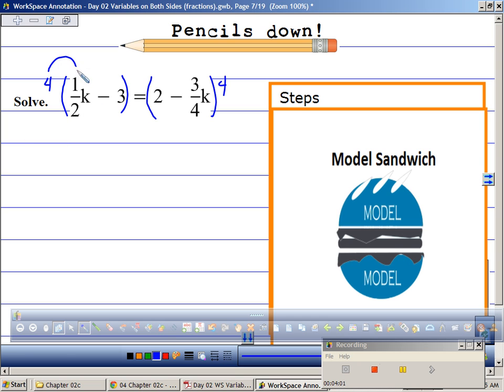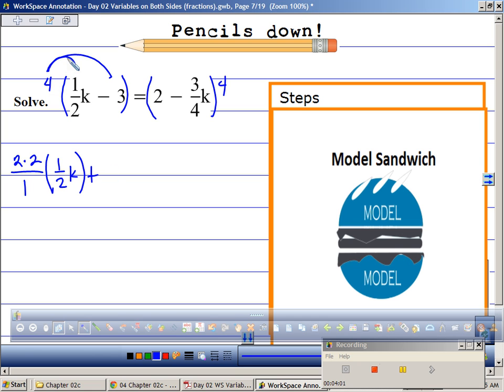I'm going to break up 4 to say 2 times 2 over 1 multiplied by 1/2 k. Everybody see what I did there? 2 times 2 is 4. I just distributed the 4. 4 is positive, so I'm going to say plus.